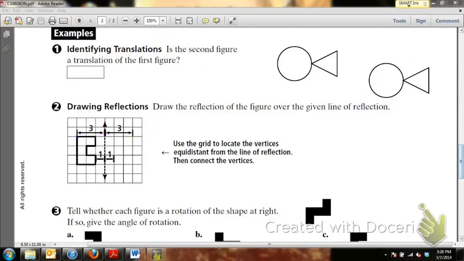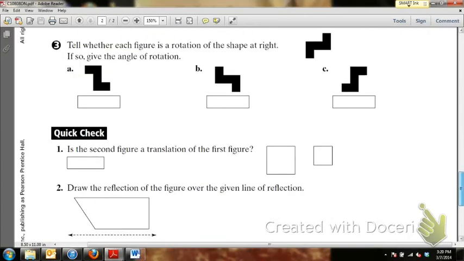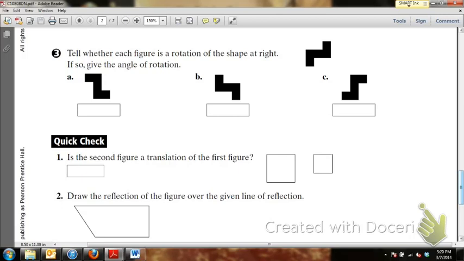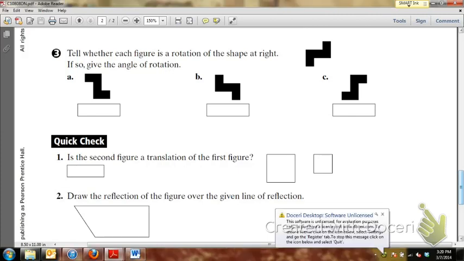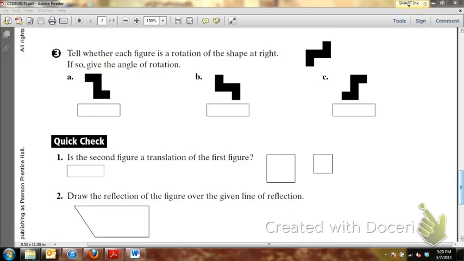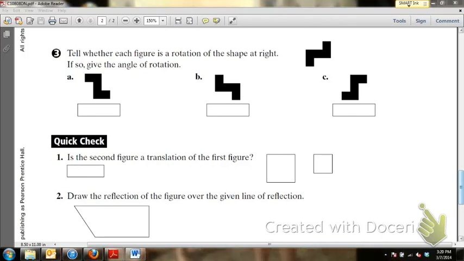Alright, and the last one. We have to tell whether this is a rotation of the shape at the right. If it is, give the angle of rotation. Now, what's easier for me to do is to go ahead and draw, because this gets hard to look at. Okay, here we go. Let's say this is my point of rotation.